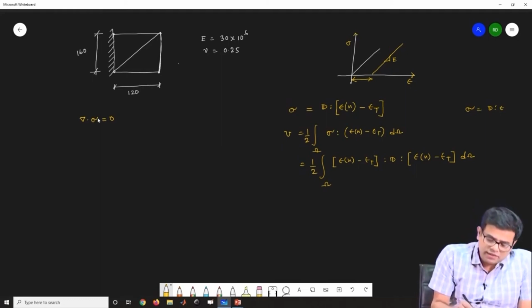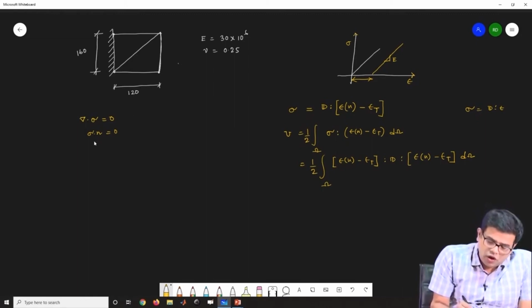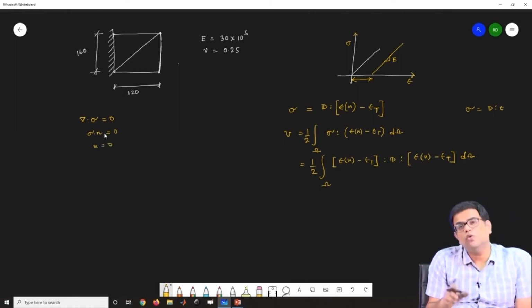In that case your sigma dot n, that is your traction boundary, will have a traction boundary condition. Another is displacement. At this phase displacement u is 0, u is actually a vector here, u and v.